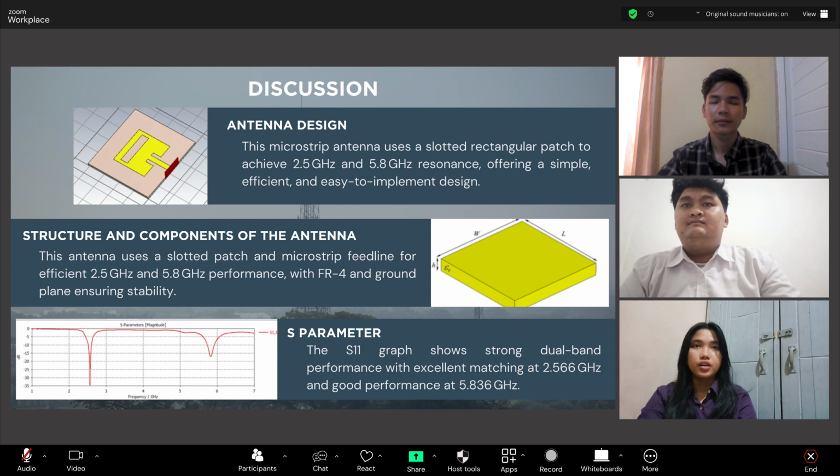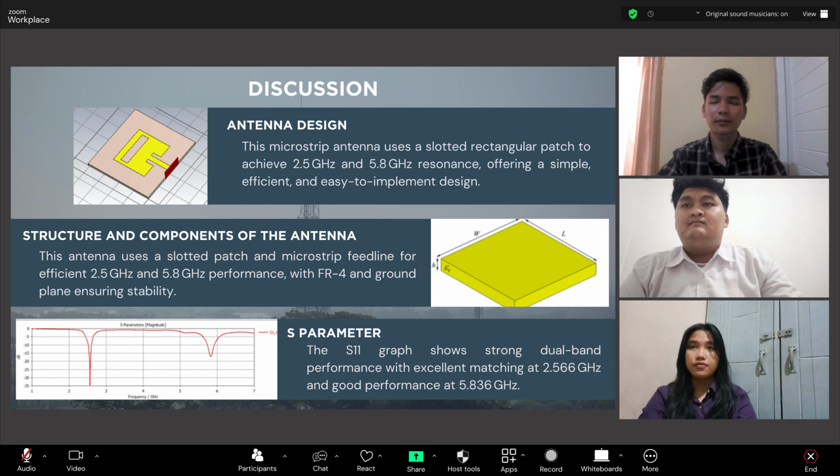And then the next part is about the S parameter. From the simulation result, we can see that the antenna has two clear resonance points at 2.5 GHz and 5.8 GHz, with S parameter values of minus 34.6 dB and minus 17 dB respectively. These values indicate that the antenna has very good impedance matching.